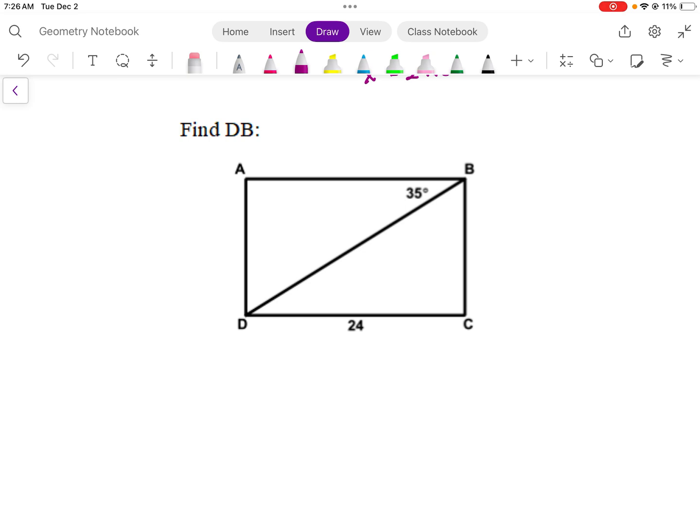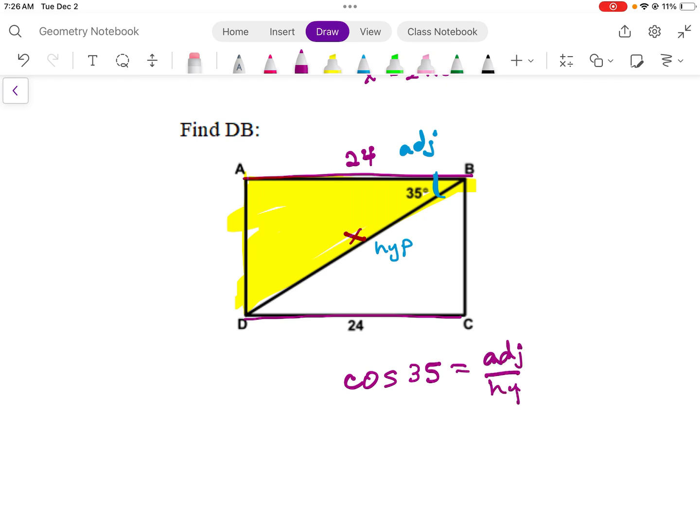Okay, here we are in a rectangle. I'm looking for DB, that's this. Well, if this side is 24, so is this side on the AB. So this is 24. And if I'm looking at this right triangle here, I know that x is my hypotenuse and 35 is the angle I know. So that makes this the adjacent side. So I can say cosine of 35 is equal to adjacent over hypotenuse.